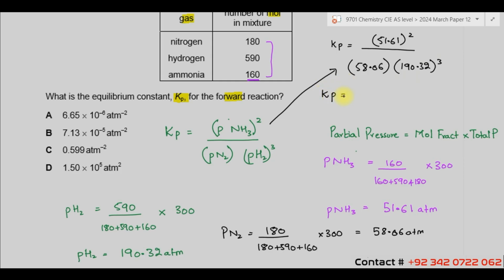So Kp comes equal to 6.654 exponential minus 6. We have atm power 2 and atm power 4. The resulting unit is atm to the power minus 2. Correct answer is therefore A.